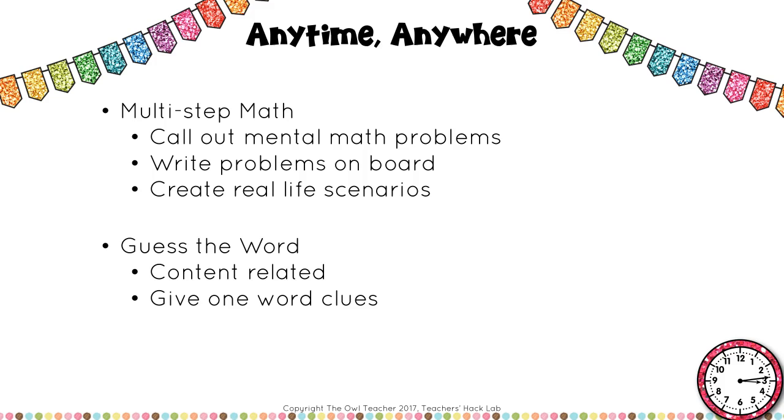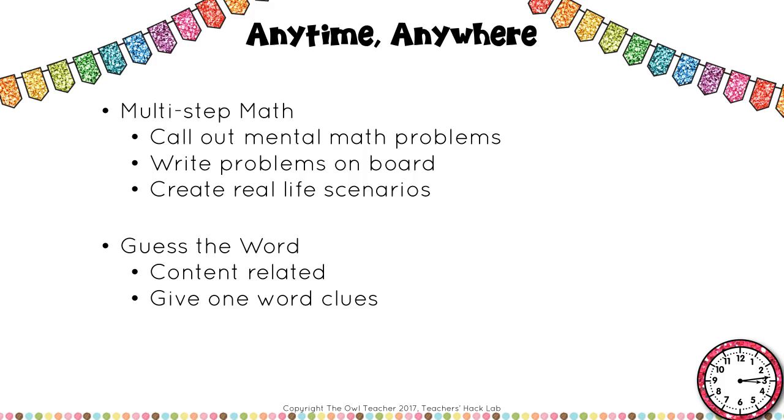And then another activity could be guess the word. And when I say guess the word, what that means is you can have students, related to content that you've been learning, only give 1-word clues. So for instance, if you are studying vertebrates, then students would only give 1-word clues to help them guess the word vertebrae.